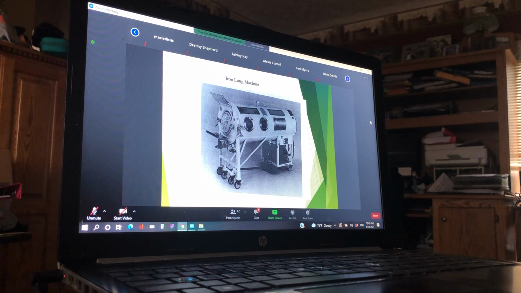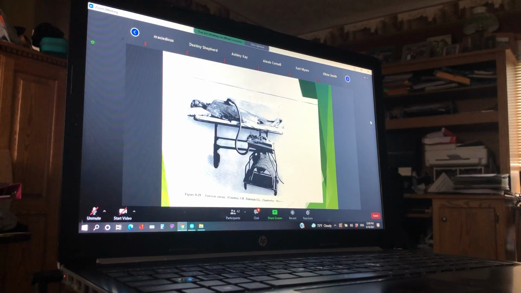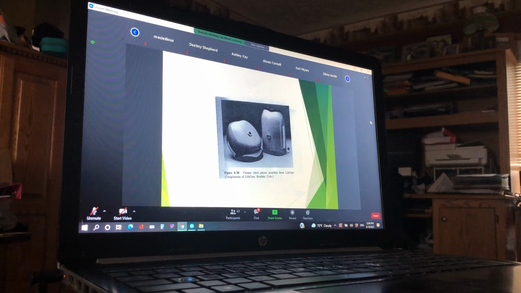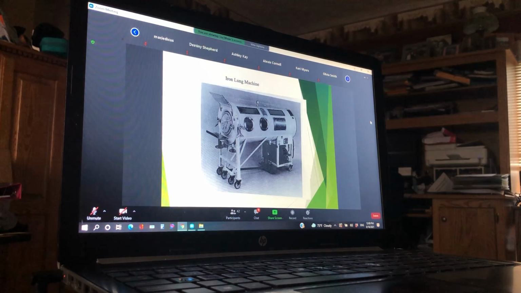Here's the machine. Your body lays in here. And then the machine kicks on, it draws the air out of the machine, your chest rises, it kicks off, you passively exhale. It's the same as this and this, only less cumbersome. Because this is huge and weighs a lot.